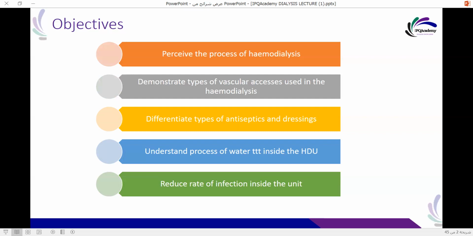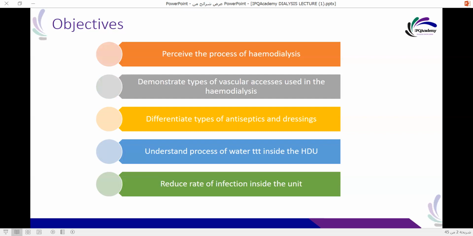Allah subhanahu wa ta'ala created one pair of two special organs inside our body. These organs are named kidneys, and they have a great role in our bodies.